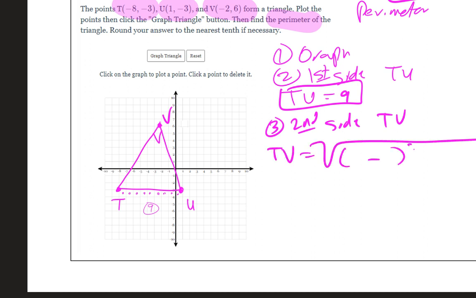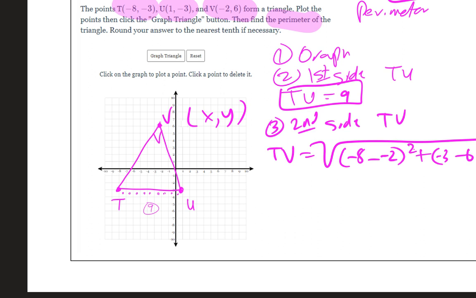So we say T and V. Remember that X comes first, then Y comes second. So T and V, we're going to say -8 and -2. I'm going to leave that minus there, so I have a double negative there. Since we said TV, let's do the Y's now. So -3 and 6.